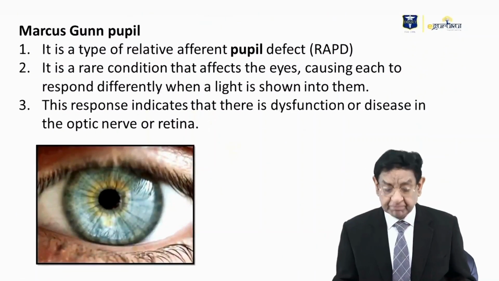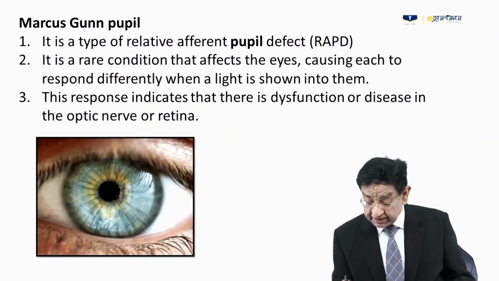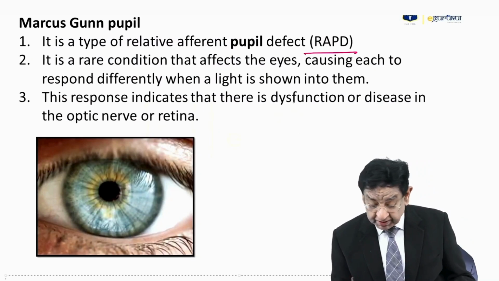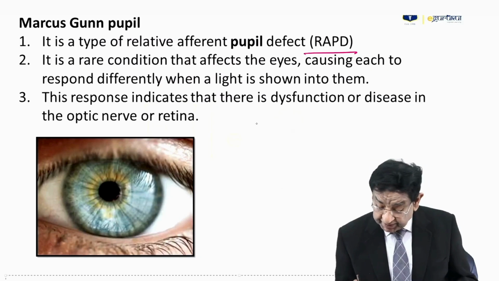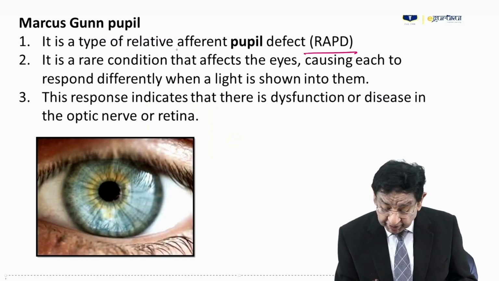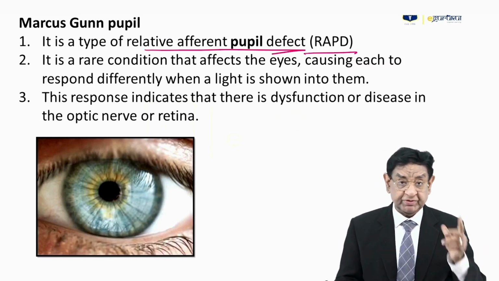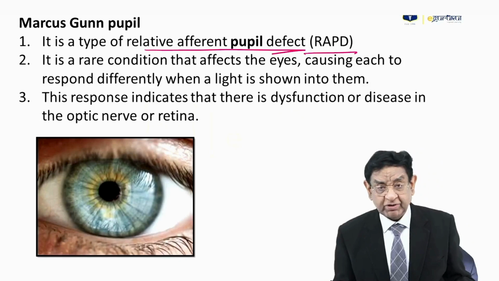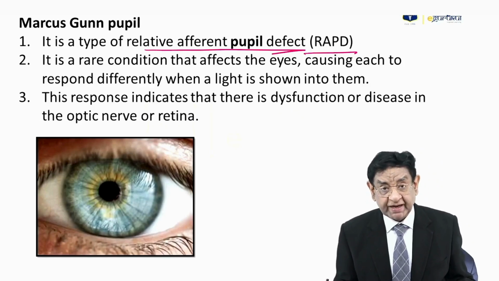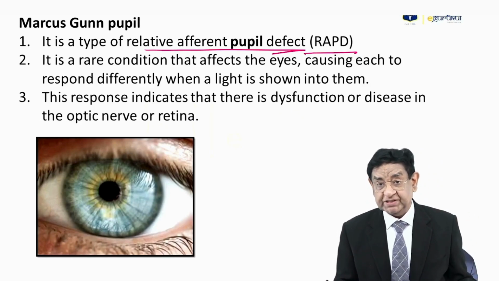In these patients, Marcus Gunn phenomenon, what we call RAPD, a relative afferent pupillary defect. Same thing: when you are throwing a light on the eye, there is a problem in the afferent pathway. Why? The myelin sheath is not there.